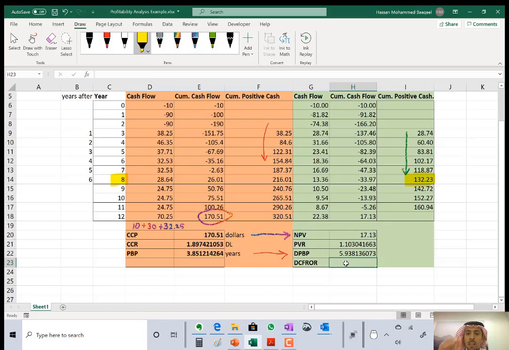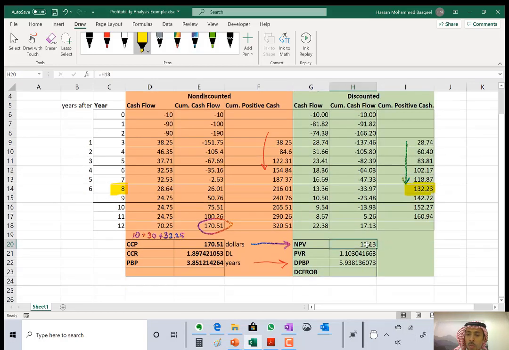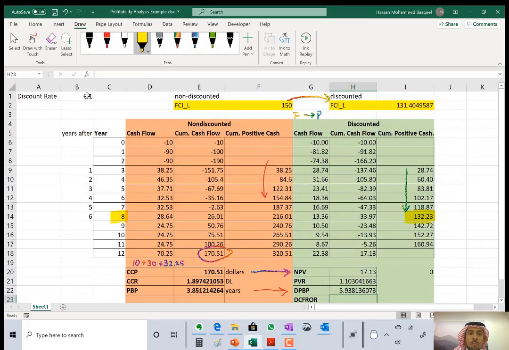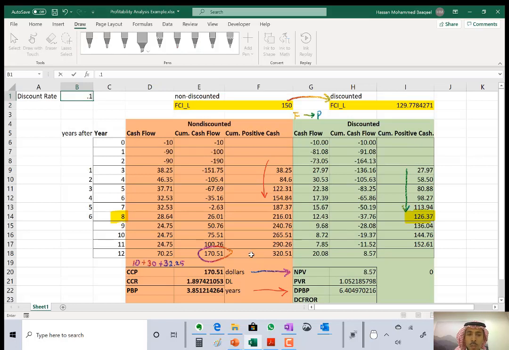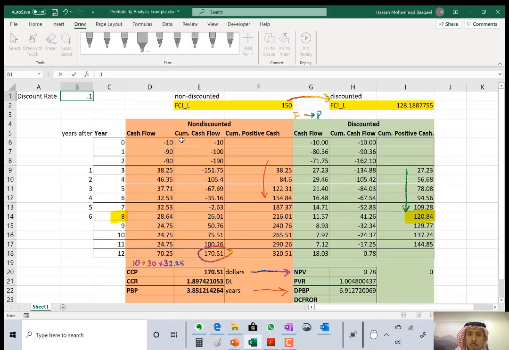Now we come to the discounted rate of return, and the way we find it, we start adjusting this value here until we get our NPV equal to 0. So our target is to get NPV equal to 0. If we change this to 0.11, that's not good enough. 0.111, that's not good enough. 0.12, that's close. 0.121, that's close enough, I think.